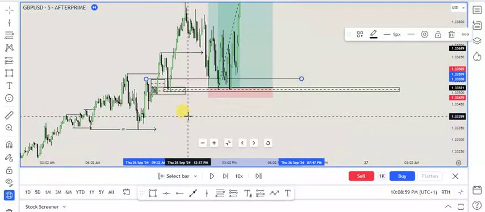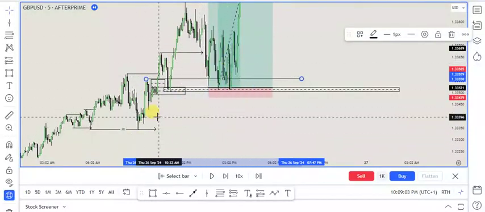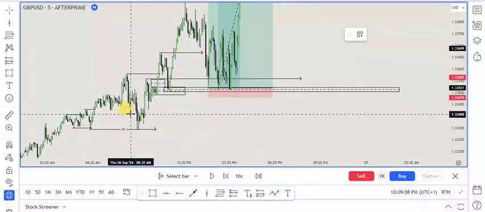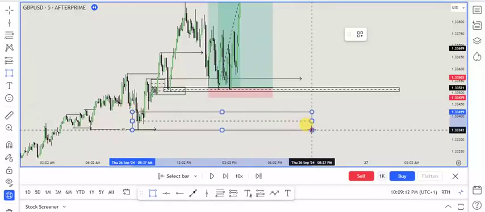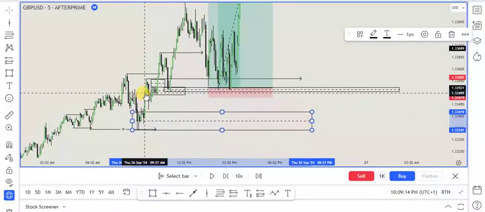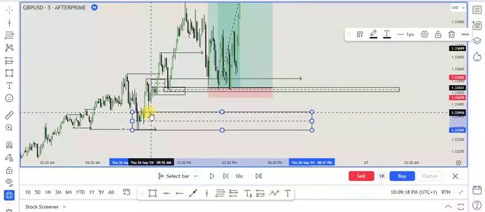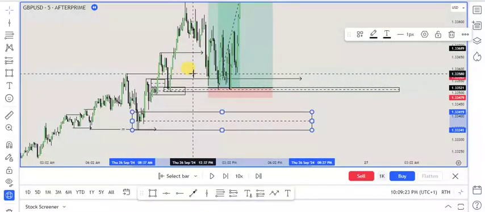With what I've taught you, if you just follow this model, the manipulation model, the flag limit model, you make money. You see that this time around, because there was a flag limit, there was a failed push, because as price was going, price failed to break at the first leg, then came down, and broke at the second leg. So that failed push is a flag limit level.